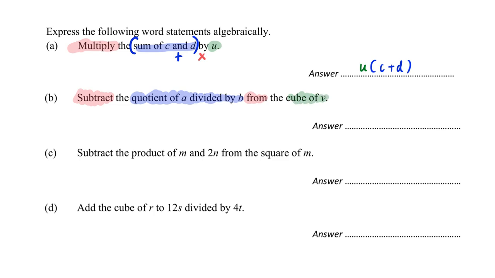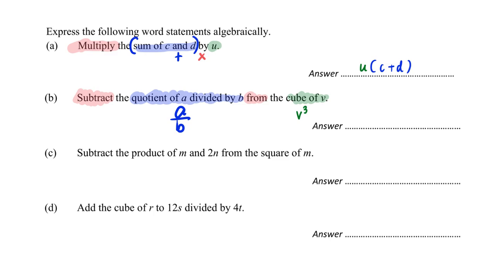So what does this mean? The quotient of A divided by B is A over B, and the cube of V is V power 3.